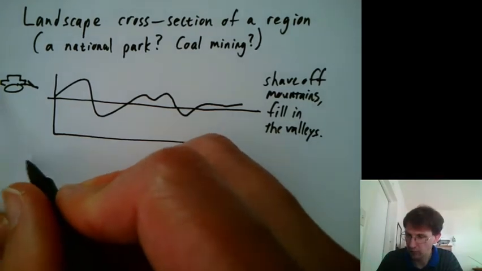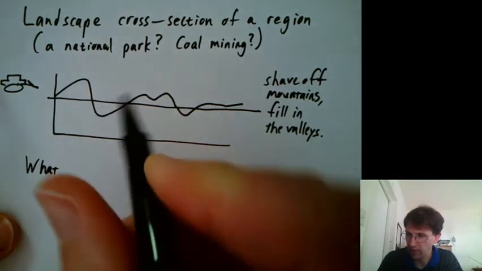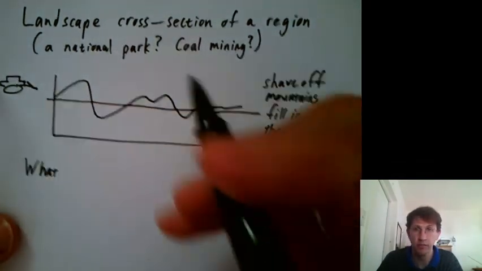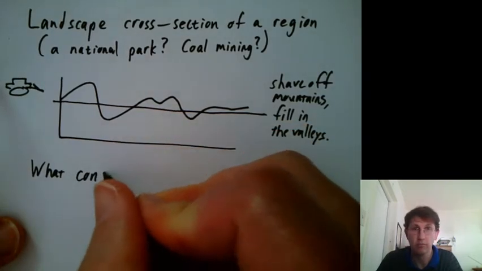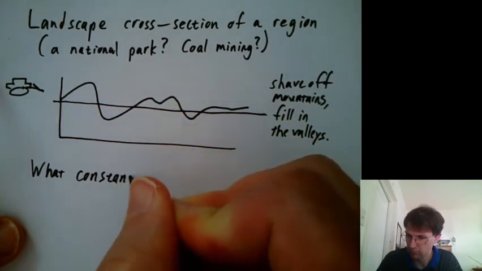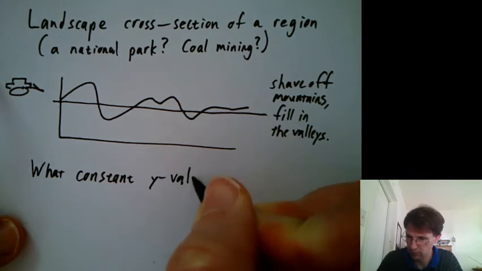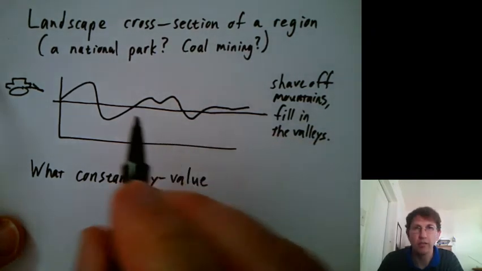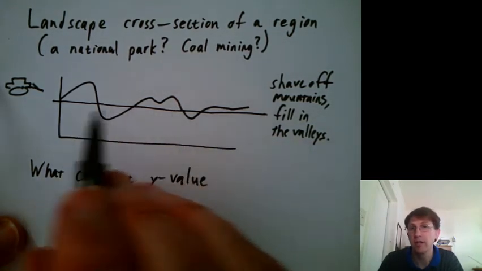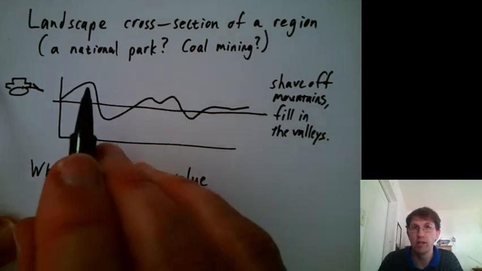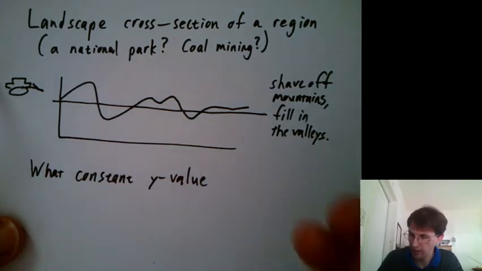So we're asking what constant y value, constant meaning level y value, would give the same total area under the curve, right? Because we're using this area to fill in that area.